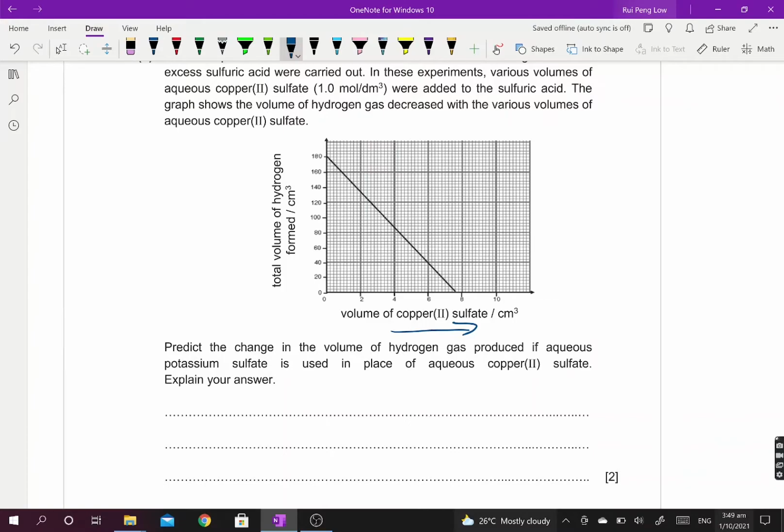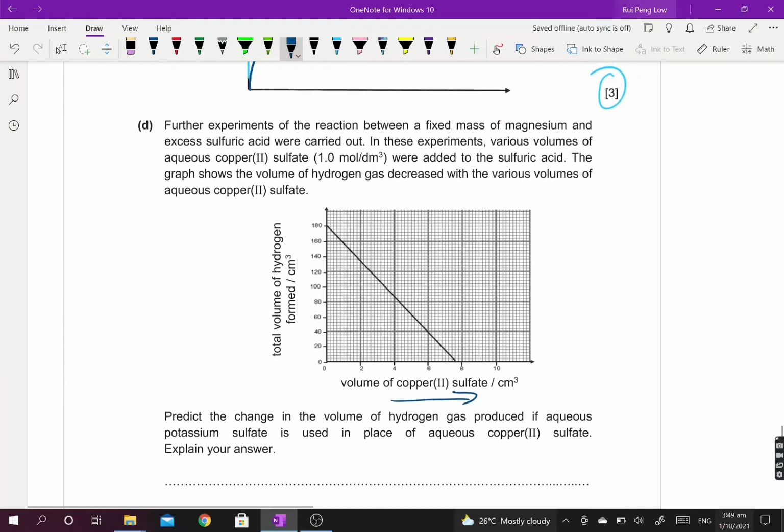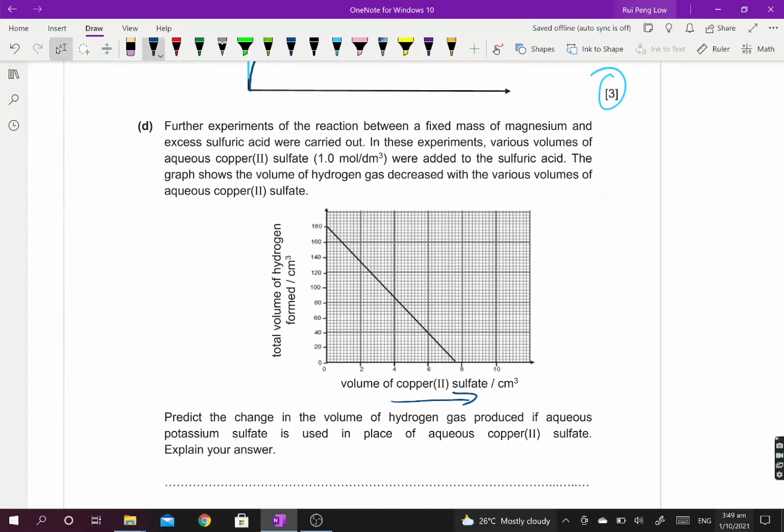So why? We will see why. Predict the change in volume of hydrogen gas produced if aqueous potassium sulfate is used in place of aqueous copper 2 sulfate.